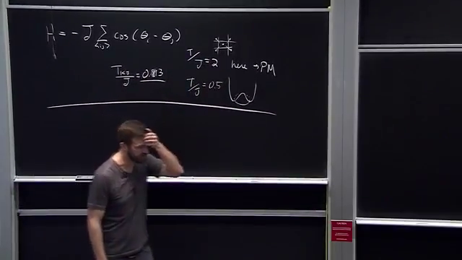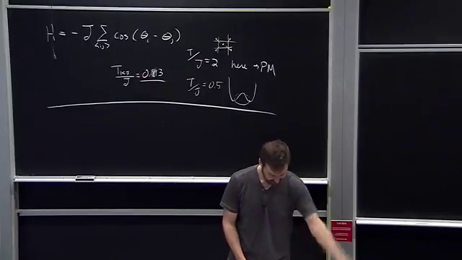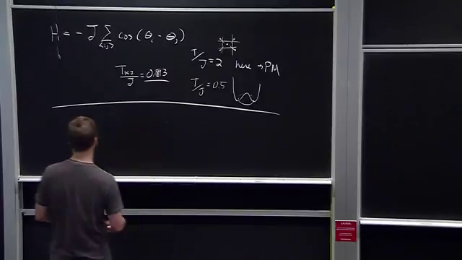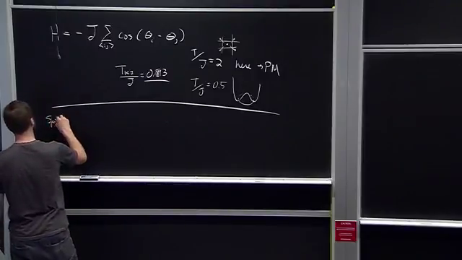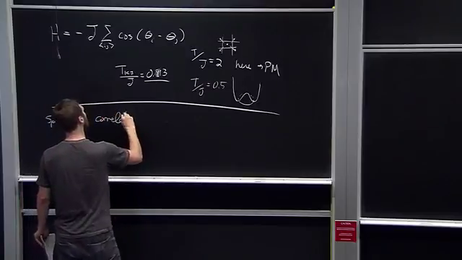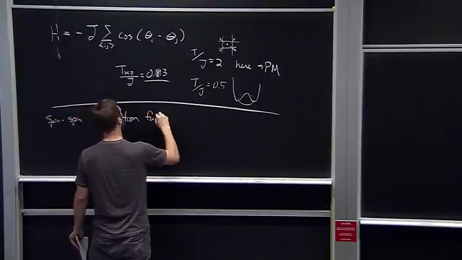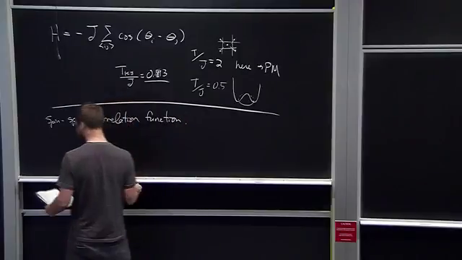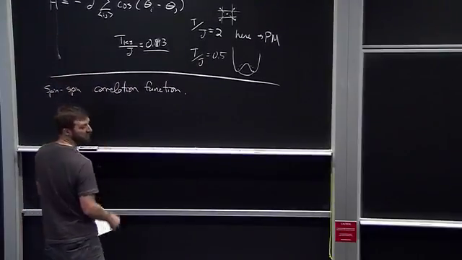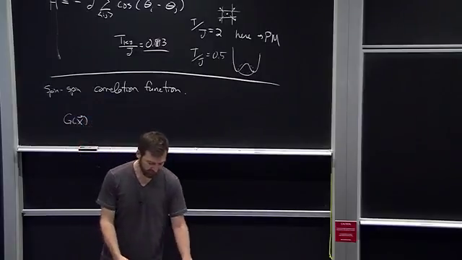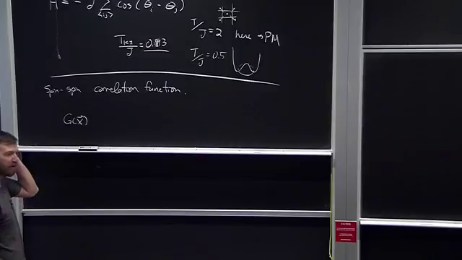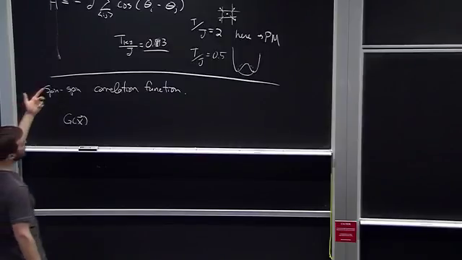What was that correlation function? How do we calculate it? Okay. So, like I mentioned last time, you can think of either the action from the nonlinear sigma model, or you can think of this microscopic model.